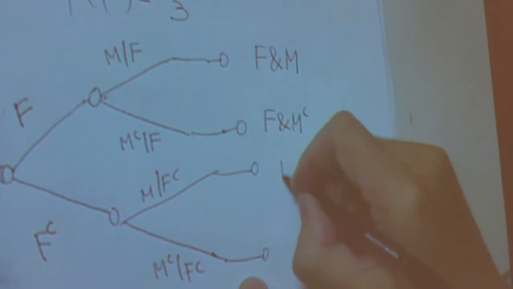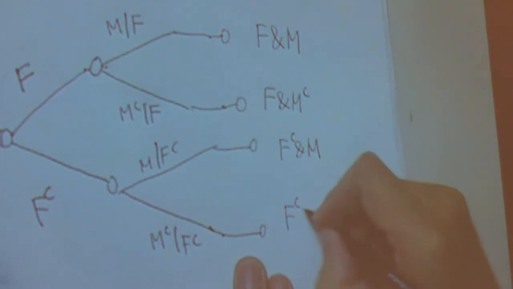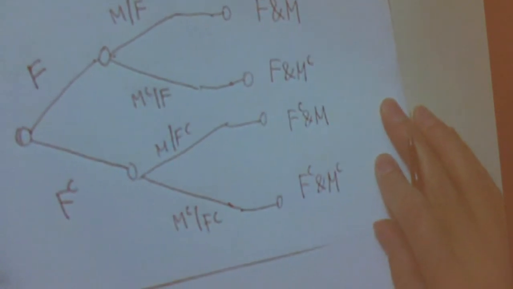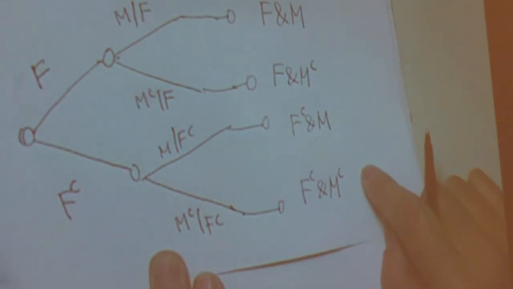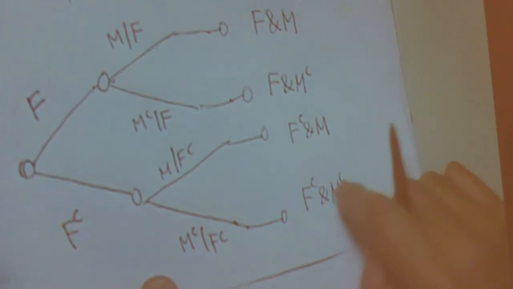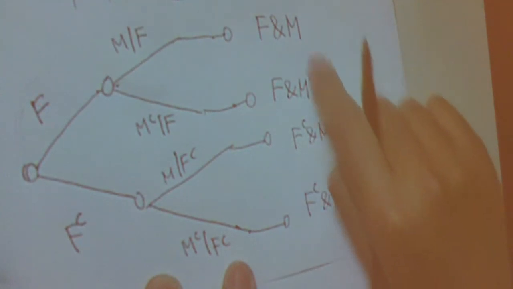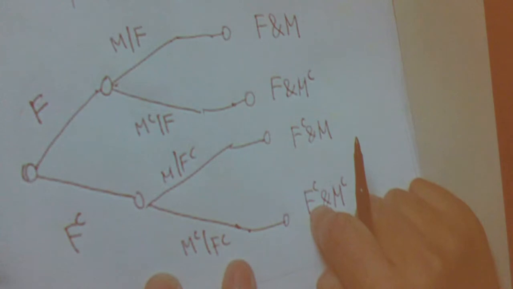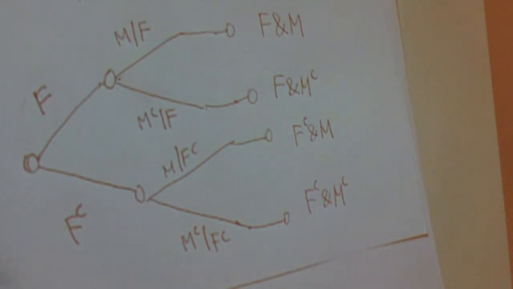And here we have bad weather, we make a profit. And here we have bad weather, we do not make profit. So we should have 4 basic outcomes, or terminal outcomes. Why do we call them terminal or basic outcomes? Because they make up the sample space. The sum of them must be 100%, or at least one of them occurs for sure. Is that right? Okay, so the tree is completed.